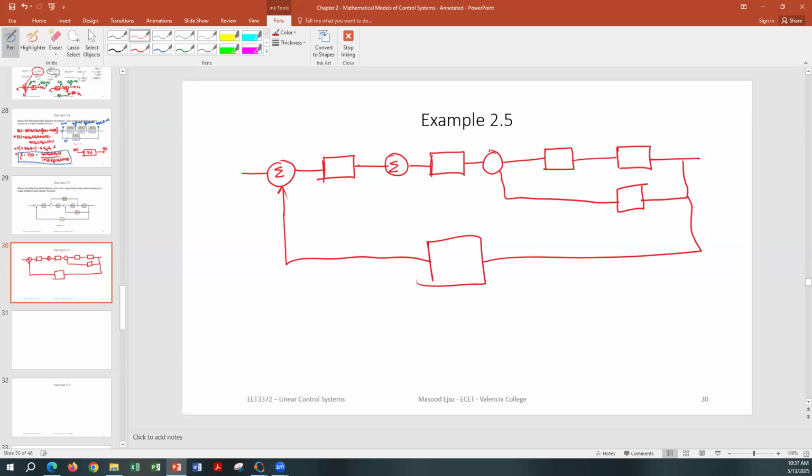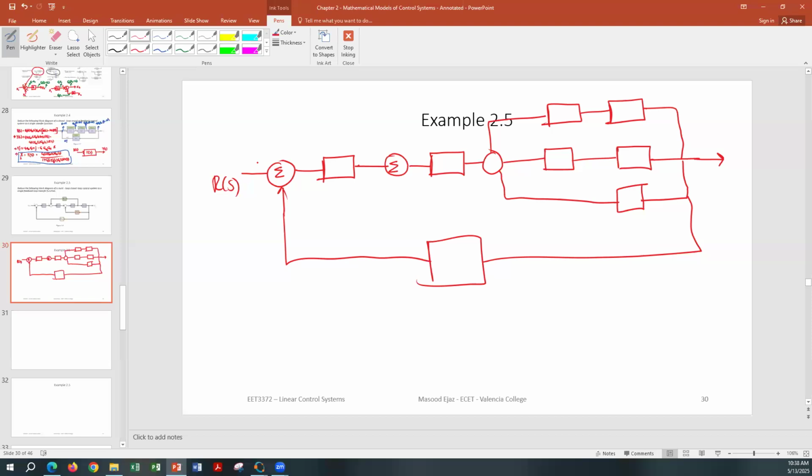And then we are going to move the pickoff point that was here behind this block. So we have this. We're going to introduce 1 over G4 over here. Okay, this is your block diagram.